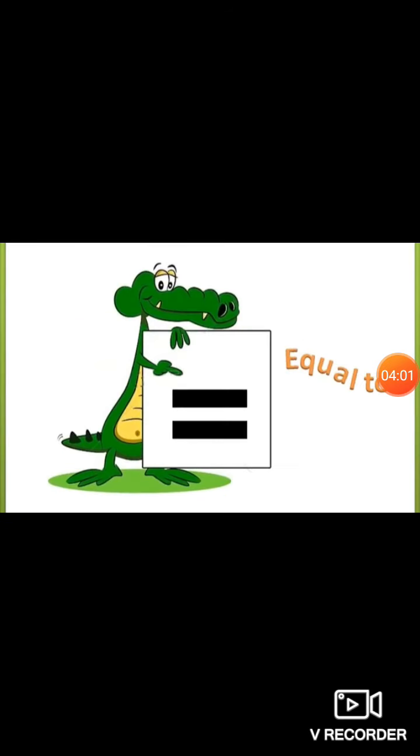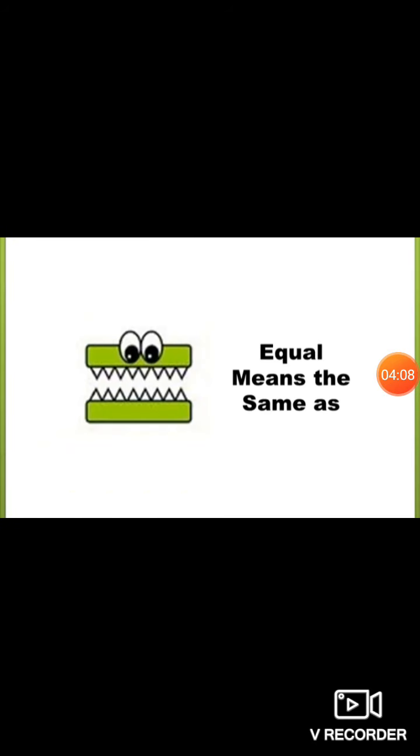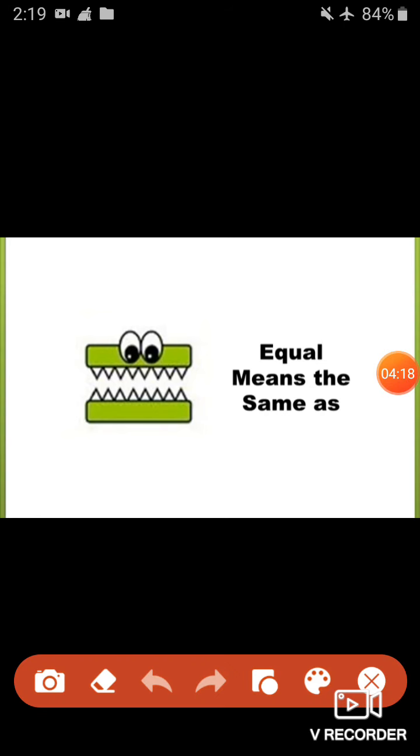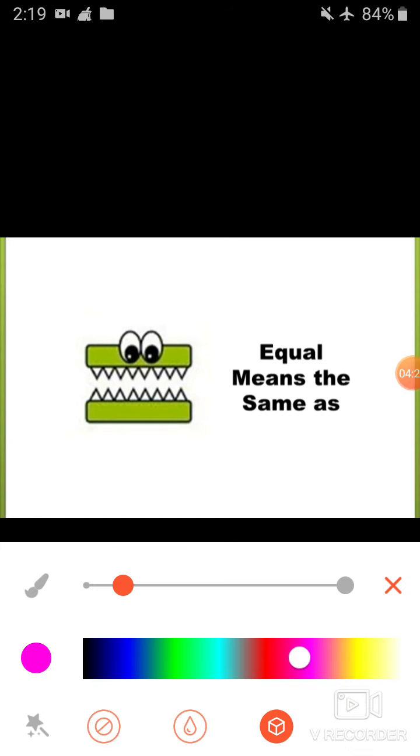Now students, this is equal to. Equal to means the same as. If both numbers are the same, then we put the symbol of equal to like this.